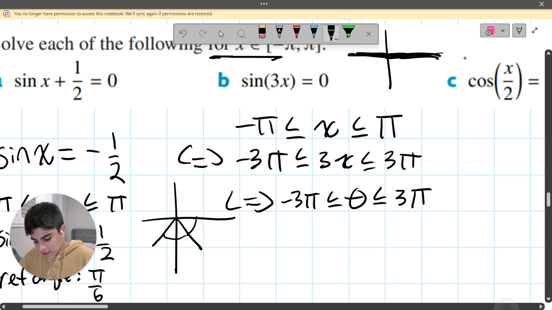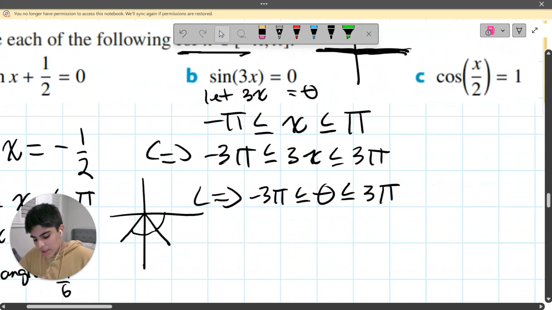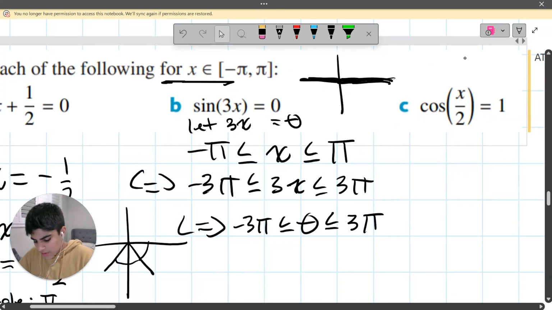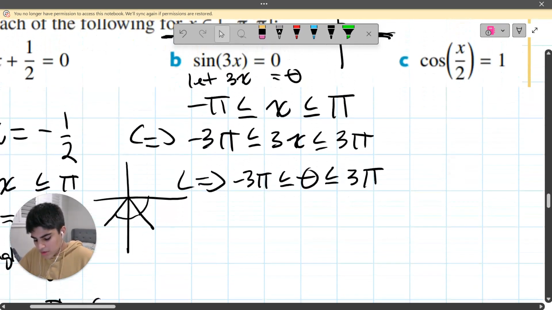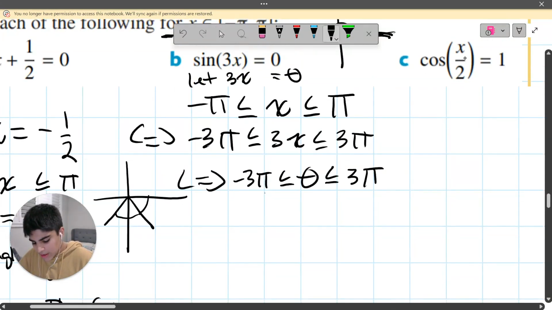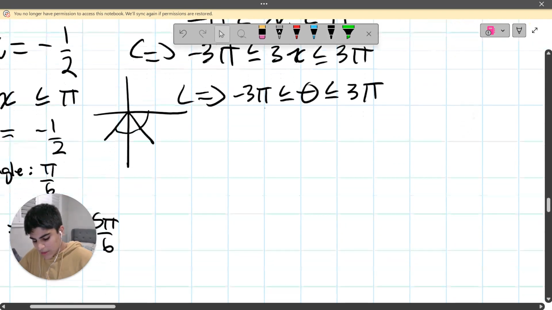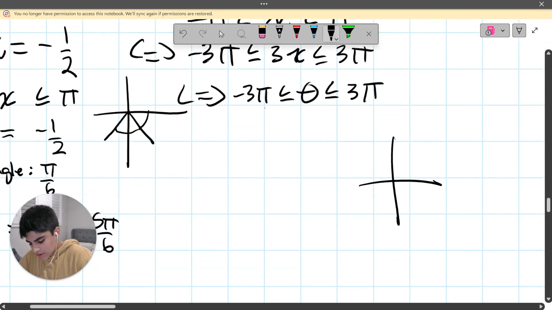One mistake I made here, sorry guys. Sine 3x, let 3x equal theta. Okay, let's continue. Now, our reference angles we've established earlier, 0 or pi, and we need to find all the solutions from negative 3 pi to 3 pi. Sketch this out.